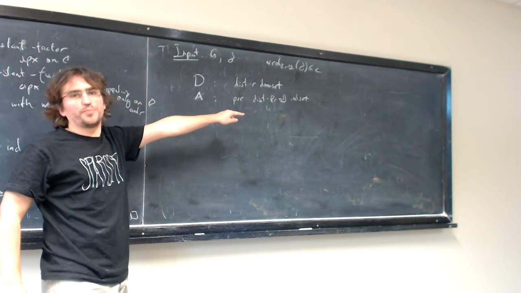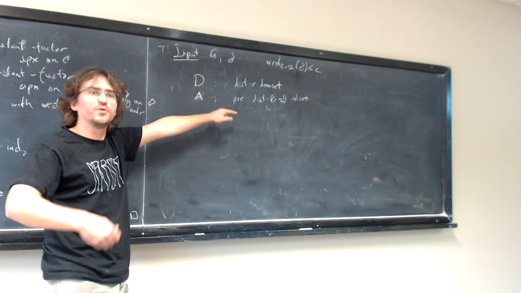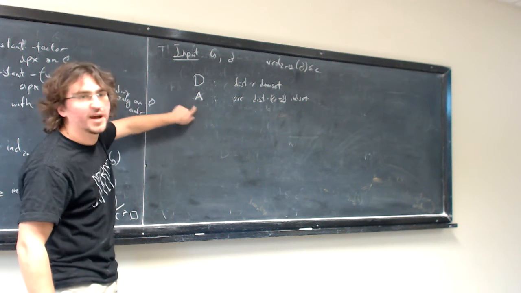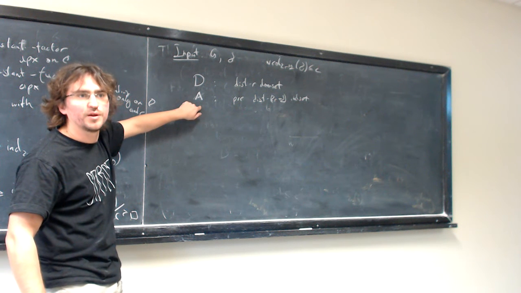It will not be one at the end of the algorithm, but then we will find a large enough distance to r plus 1 independent set within A. So A is a means to construct a large distance to r plus 1 independent set.